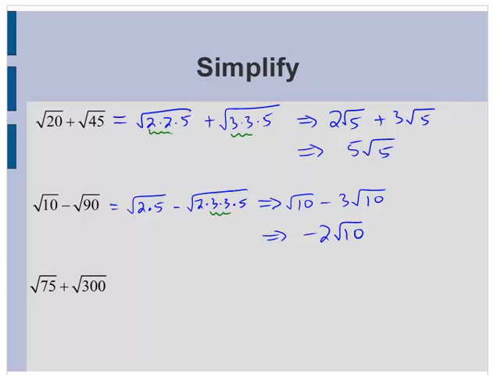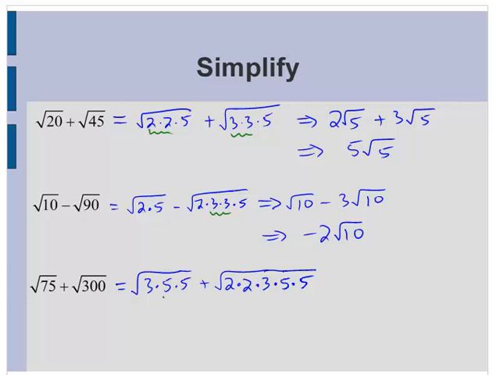Square root of 75 plus the square root of 300. The square root of 75 would be the square root of 3 times 5 times 5. 300, the square root of, let's see, I think it would be 2 times 2 times 3 times 5 times 5. Again, I hope you remember how to find those prime factorizations on your own.